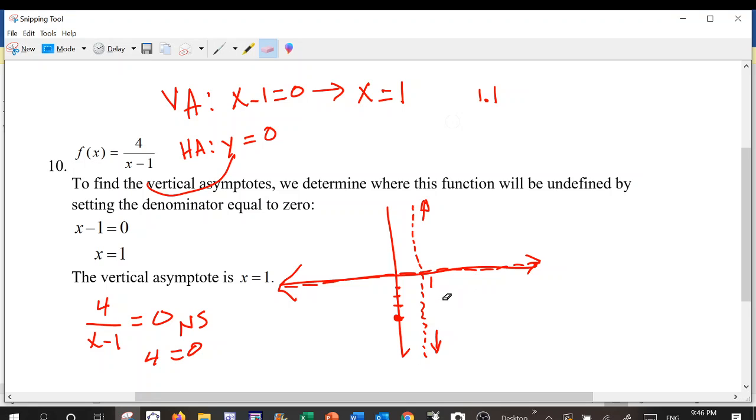But the question is, where is it? Well, let's put 1.1 in here and see what we get. 4 over 1.1 minus 1. Is it a positive or negative number? It looks like a positive number, because 1.1 minus 1 is 0.1 and 4 divided by 0.1 is a positive number.